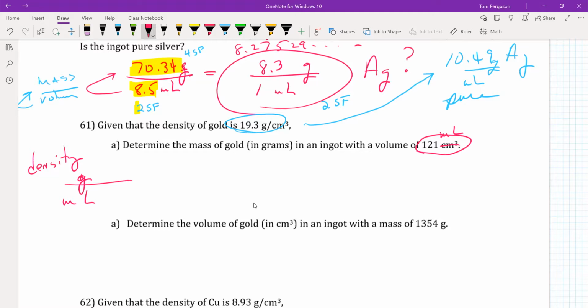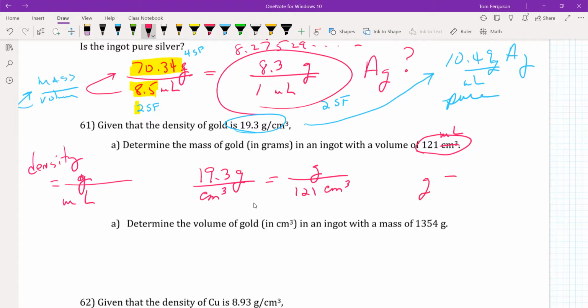Okay. All right. So we have 3 things here. We have the density, grams, milliliters. Now to calculate any one of the 3, we have to have the other 2. Well, we do know that the density of gold is 19.3 grams per, let's just use cubic centimeters since it's given like that. And that's equal to grams over 121 cubic centimeter volume. So we can now solve for grams.